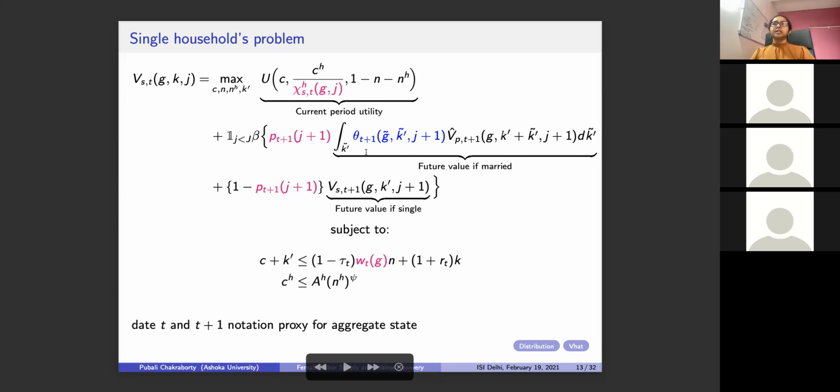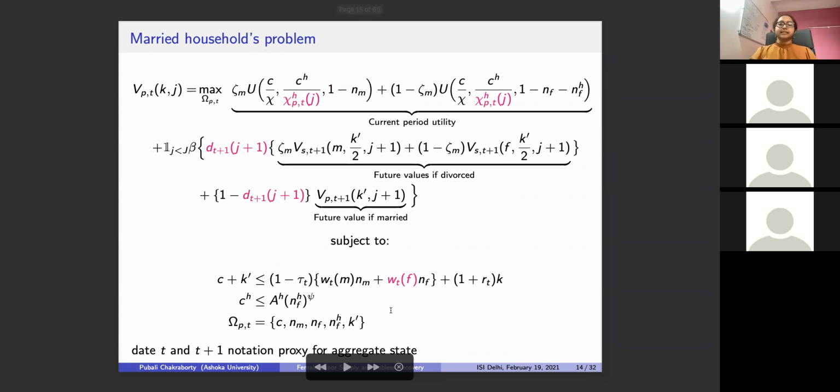And what is the probability that they get matched to somebody who had saved K prime tilde? That's denoted by this theta term here, and this theta is an endogenous object. And this is just if they do not receive this marriage shock, they continue to remain single in the future. And this is the budget constraint, where this is the labor income, and this is the capital income. And this is the constraint for home production.